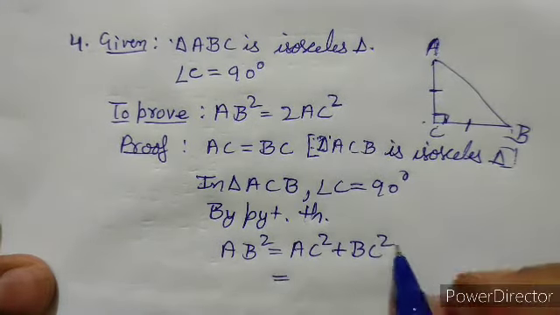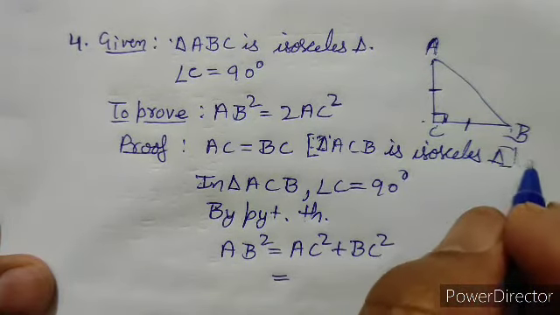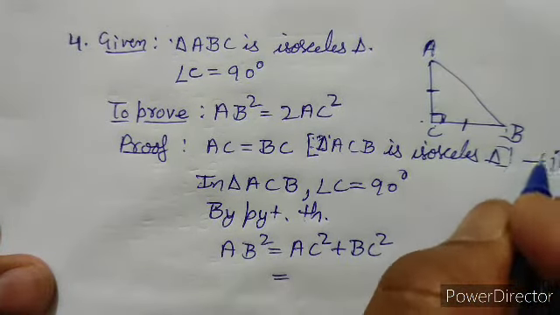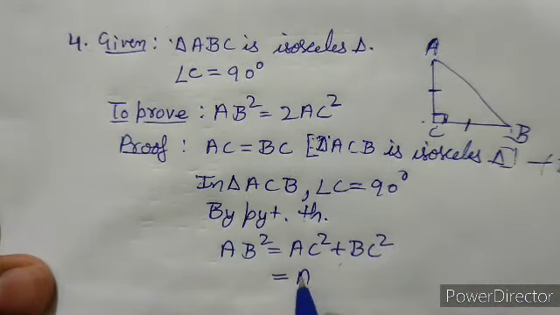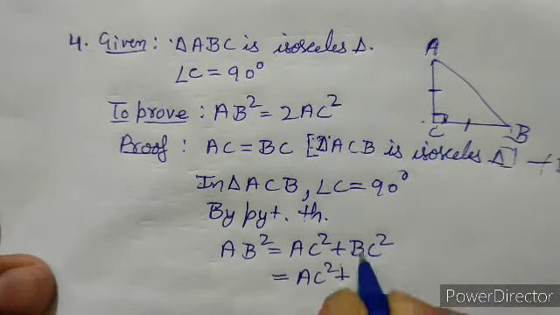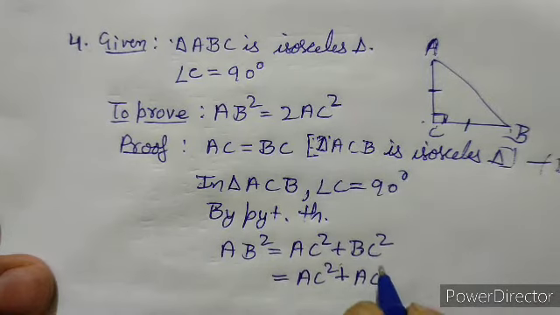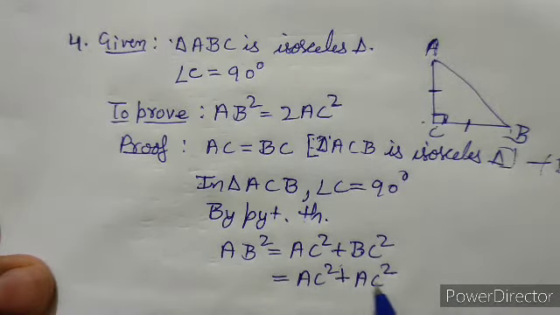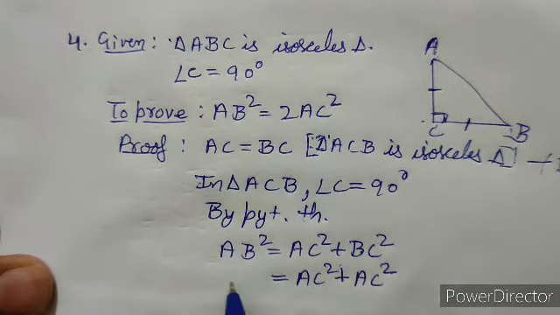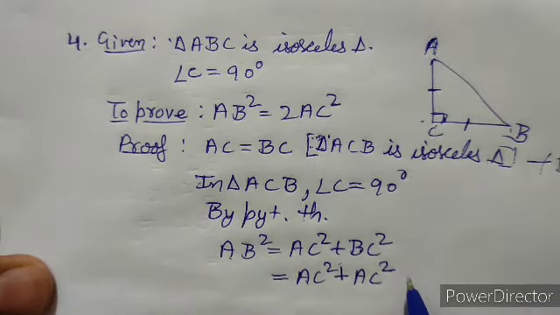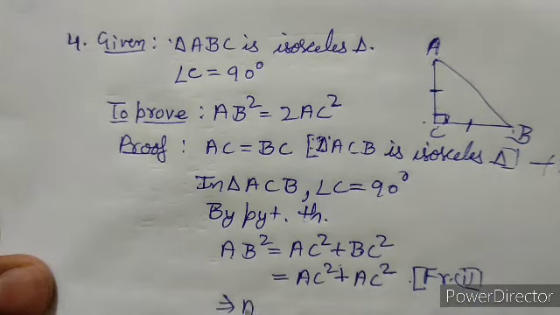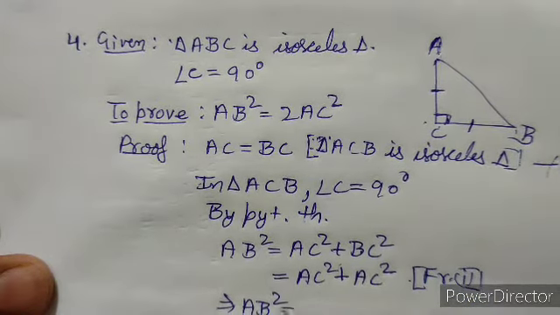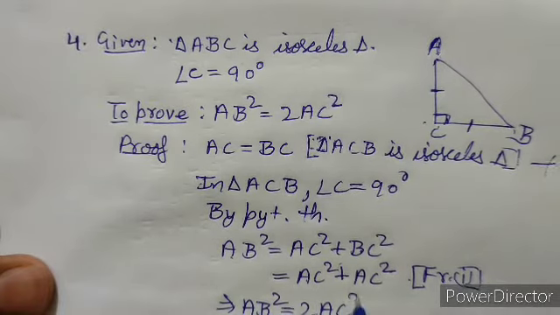Now from equation first, in place of BC we can take AC. So AC square plus AC square. That means AB square will be equal to 2AC square.